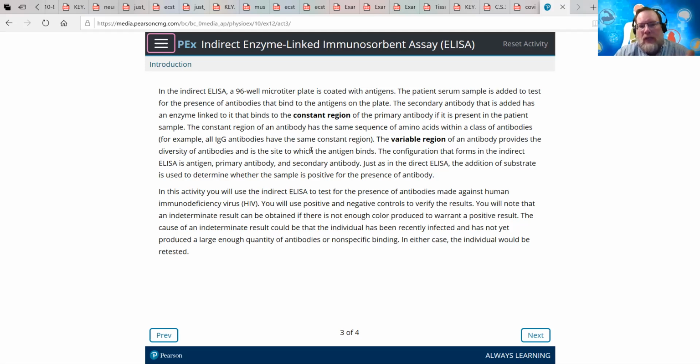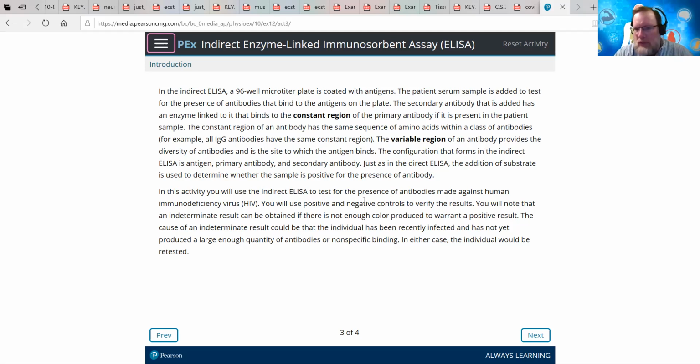The constant region of an antibody has the same sequence of amino acids within a class of antibodies. So all IgG antibodies, Ig means immunoglobulin, this is immunoglobulin G, would have the same constant region.